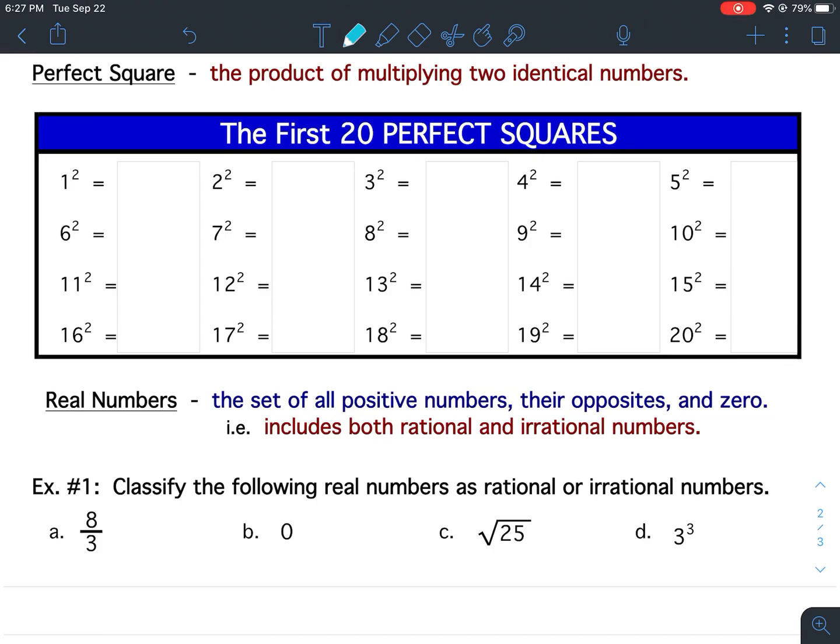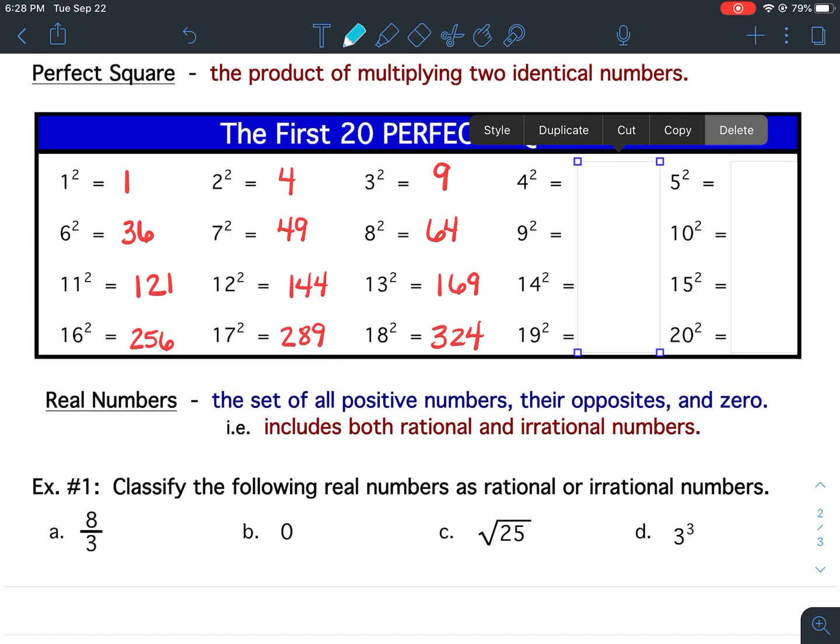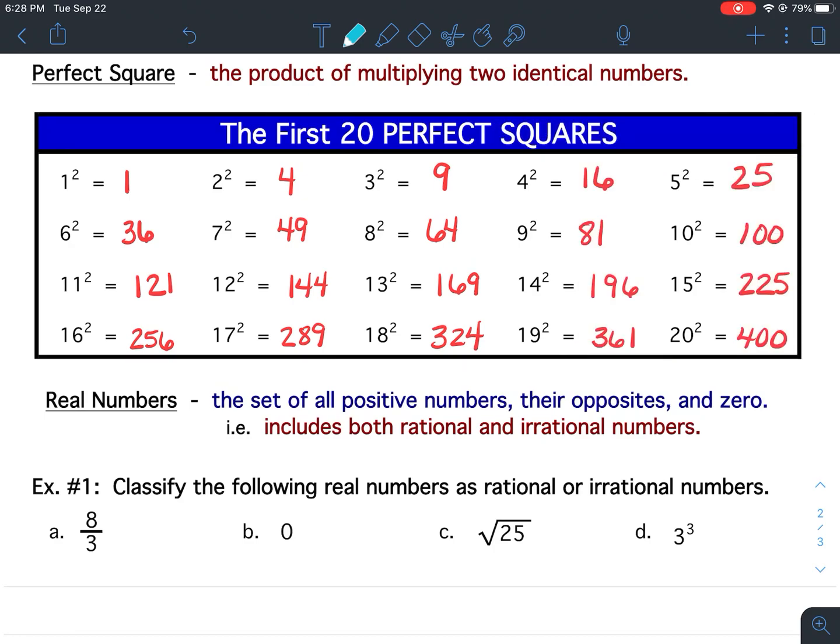So, my perfect squares, the first 20 perfect squares, are as follows. 1 squared is 1, 2 squared is 4, 3 squared is 9, 4 squared is 16, 5 squared is 25, 6 squared is 36, 7 squared is 49, 8 squared is 64, 9 squared is 81, 10 squared is 100, 11 squared is 121, 12 squared is 144, 13 squared is 169, 14 squared is 196, 15 squared is 225, 16 squared is 256, 17 squared is 289, 18 squared is 324, 19 squared is 361, and 20 squared is 400.